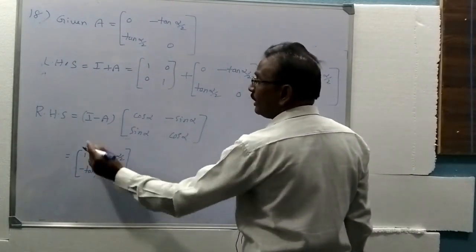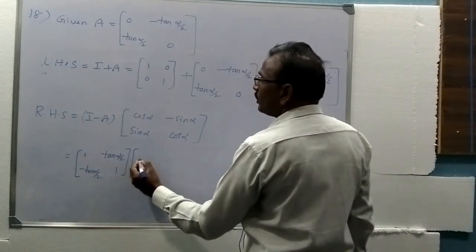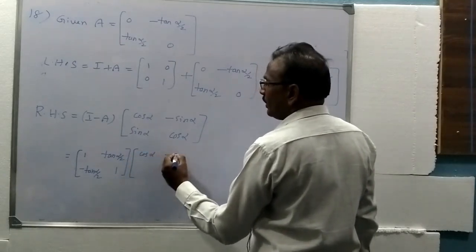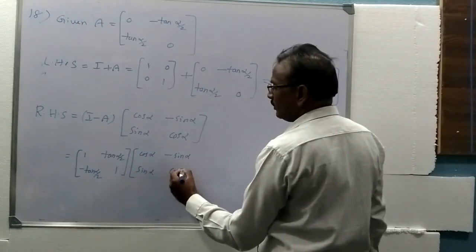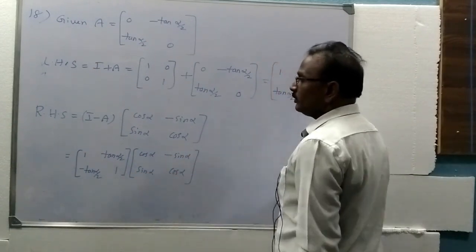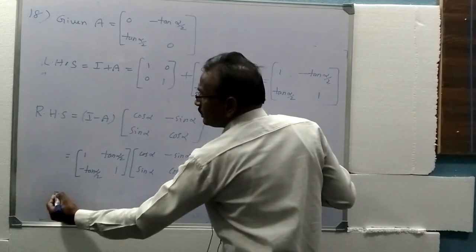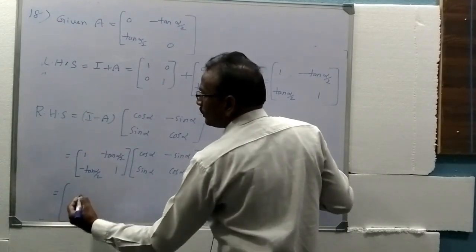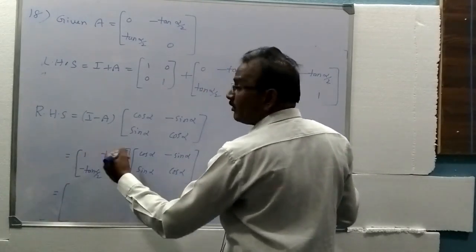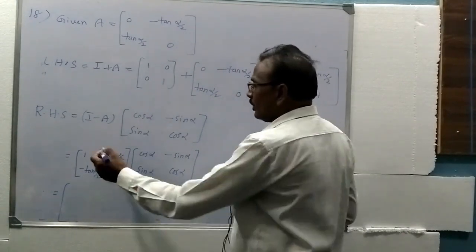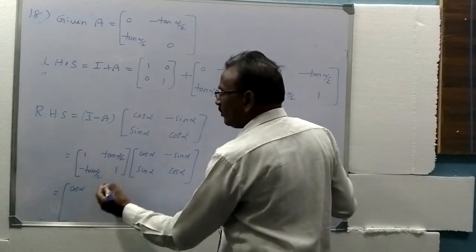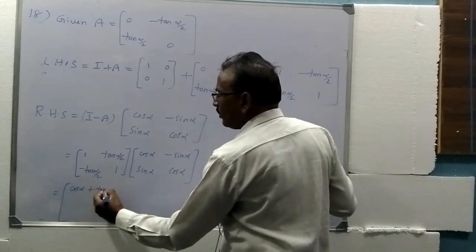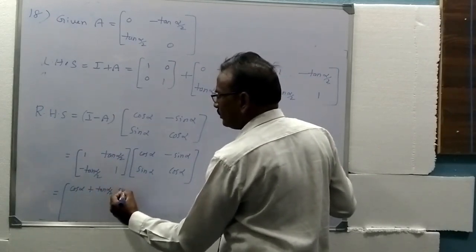So this is I minus A into cos alpha minus sin alpha, sin alpha cos alpha. So again matrix multiplication. So that is first row with first column, sum of the product of first row with first column. So 1 into cos alpha is cos alpha plus tan alpha by 2 into sin alpha.